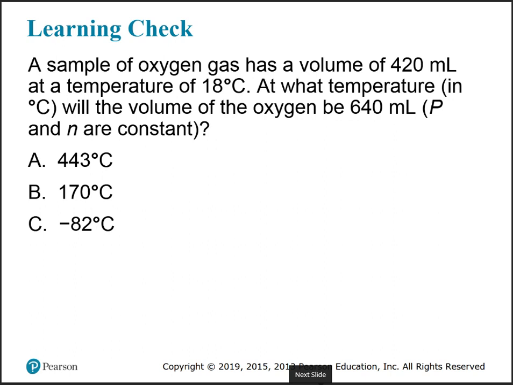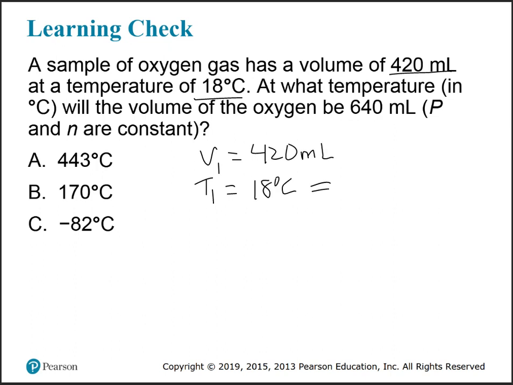So in this one, we have a sample of oxygen gas. We have a volume and a temperature, 420 milliliters, temperature of 18 degrees Celsius. So that's going to be our V1 and T1. Remember, convert to Kelvin.